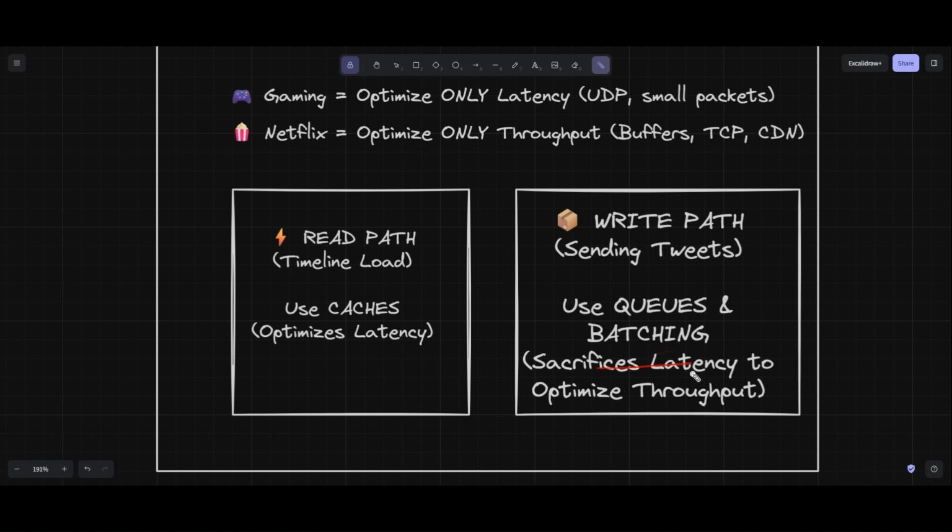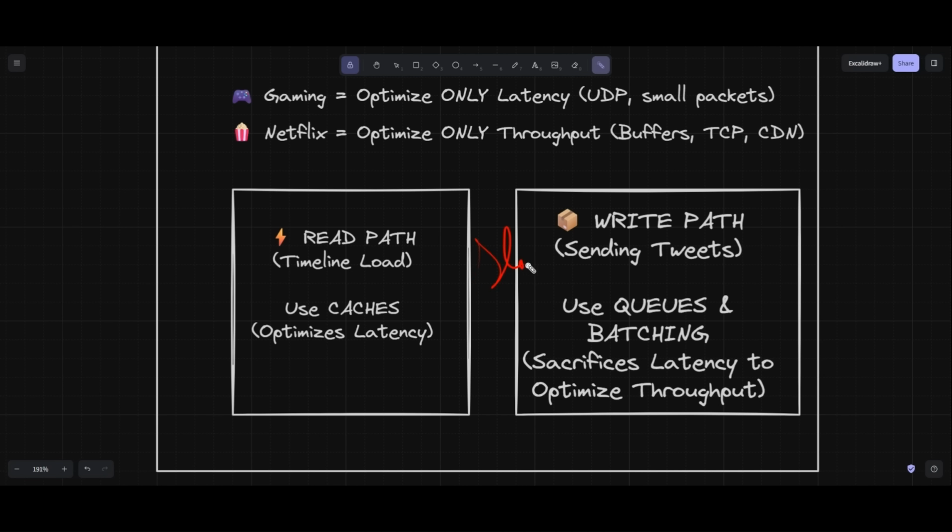And honestly, if you really deeply understand just these two concepts and you know how to sniff out whether this is a latency bottleneck or a throughput bottleneck, you can navigate almost any system design interview. Because whenever an interviewer says our system is slow, your immediate follow-up question should always be, wait, what do you mean by slow?